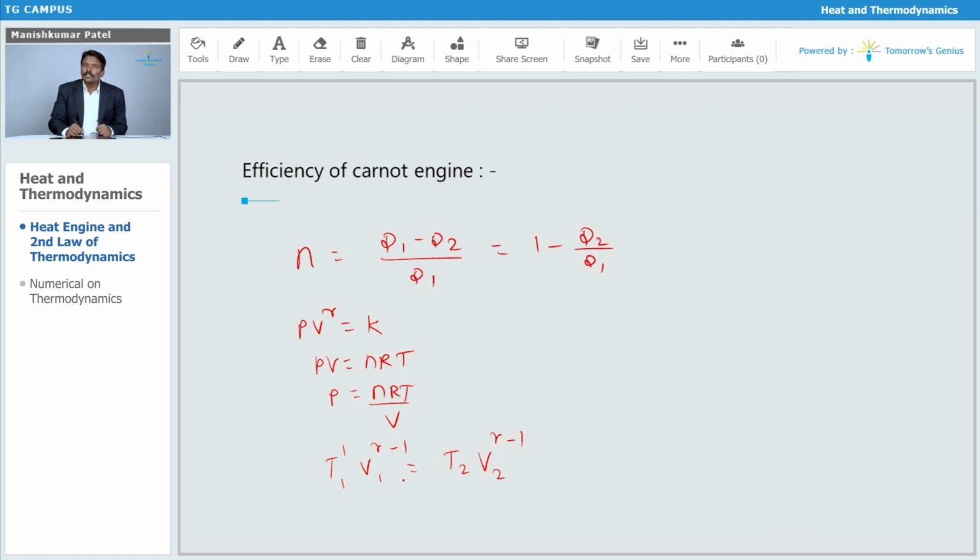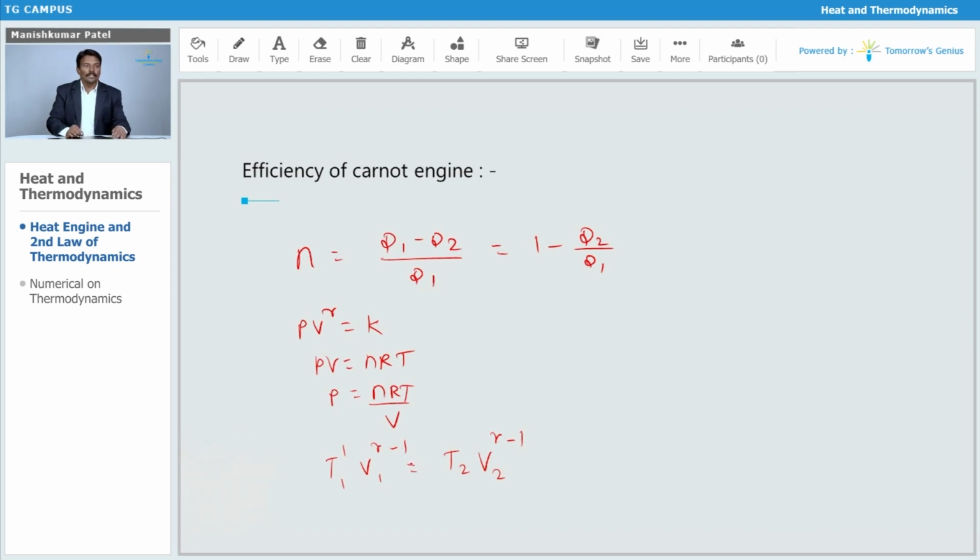Just take the ratio for that particular value and simplify the things for the adiabatic compression and expansion. Then we can calculate its efficiency with the same formula.